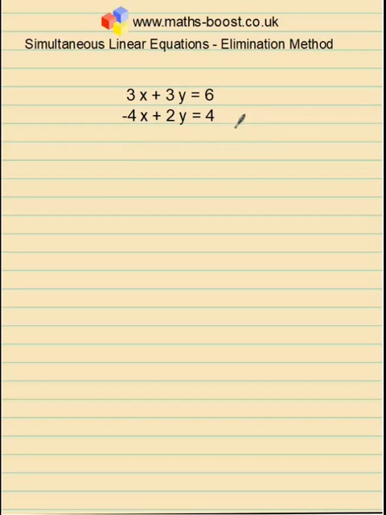It's quite simple. Decide whether you want the x's or the y's to be the same. It doesn't matter which. The y's look like they might be easier to work with here, but because it's a demonstration, I'm going to pick the x's. Having chosen x, I'm going to find the lowest common multiple of the x coefficients.